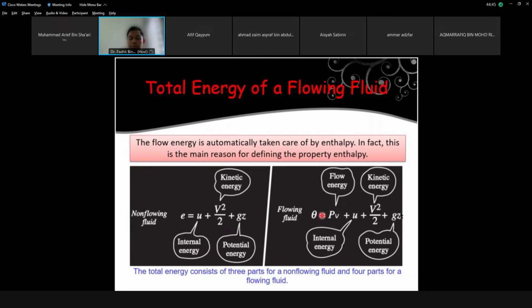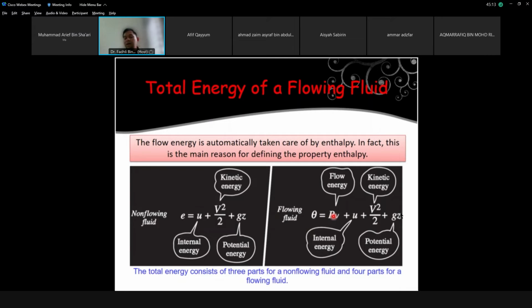So equal to PV, which is flow energy. Tadi kan kita baru tengok di slide sebelum ini, flow energy tambah dengan U, kinetic energy and potential energy. So if you compare both non-flowing and flowing, the difference is only here, flow energy.